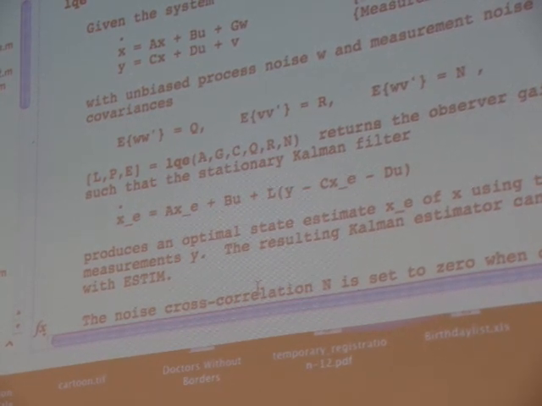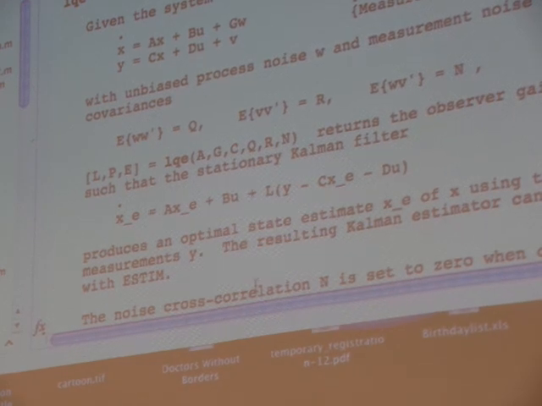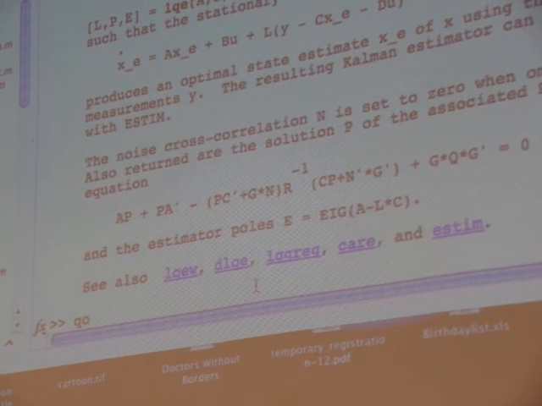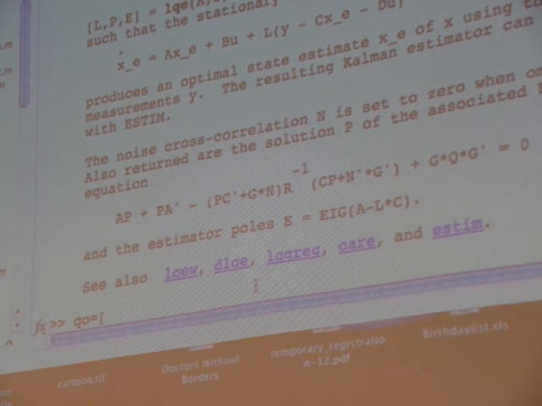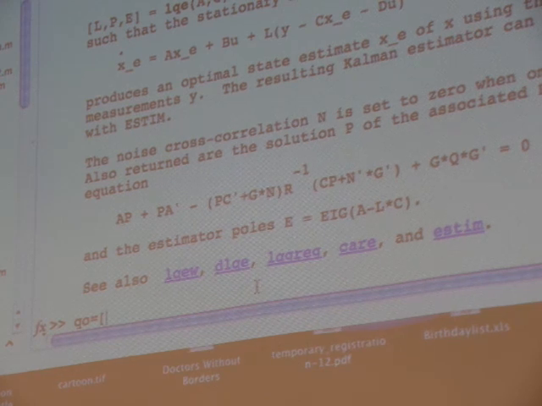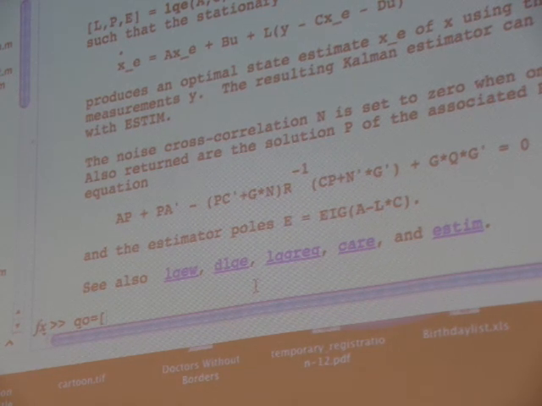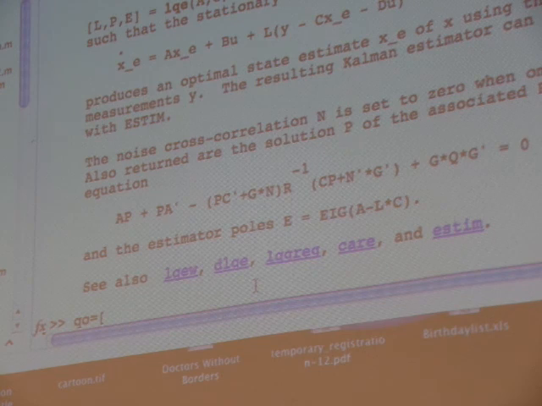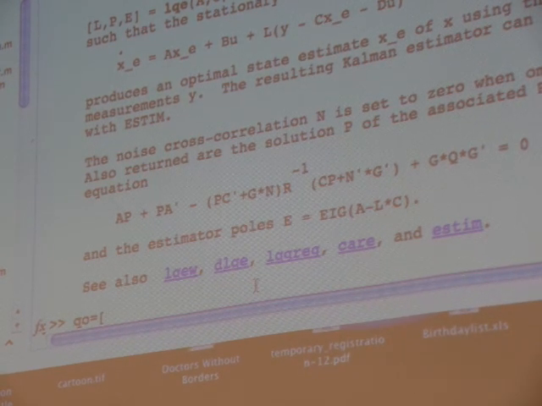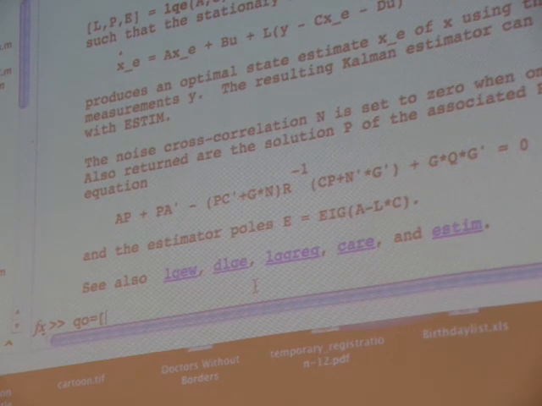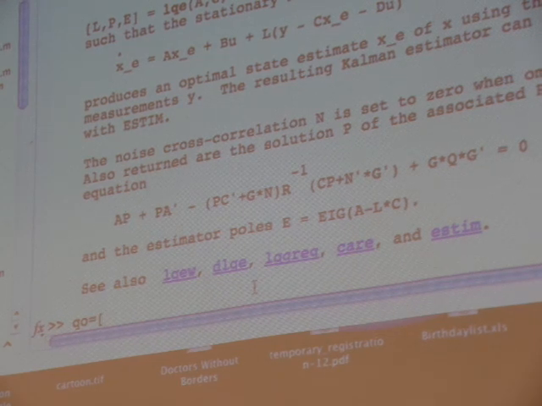I made some values here. Q is the weighting of the external disturbances. What dimension is that for this problem? That's dependent on how many disturbances I have.